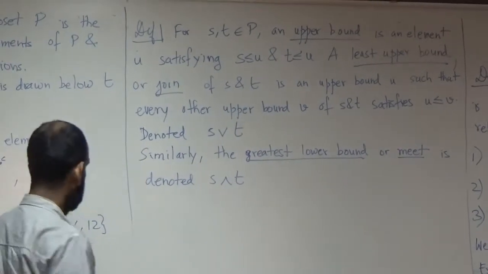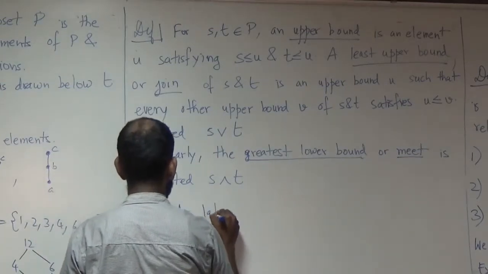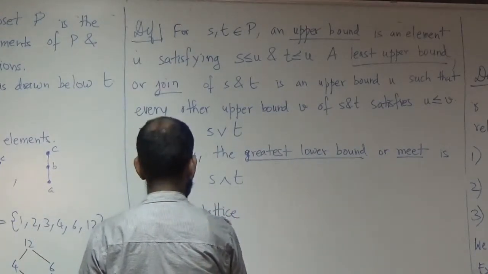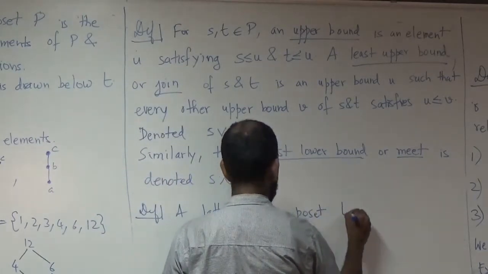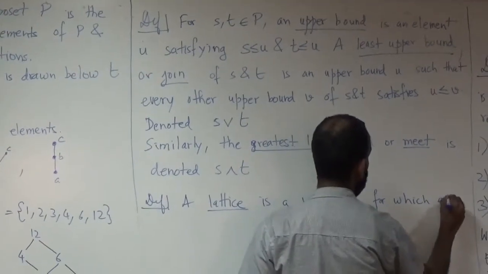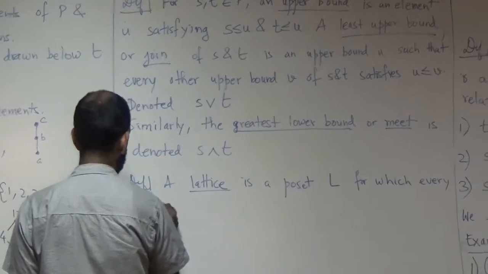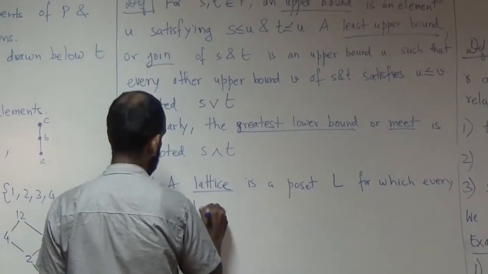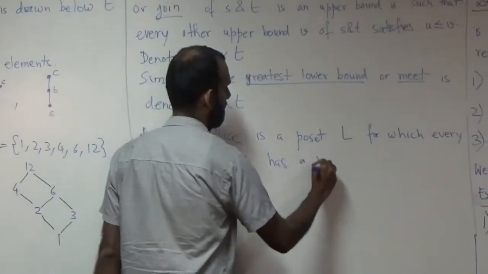A lattice is a poset L for which every pair of elements has a meet and a join.